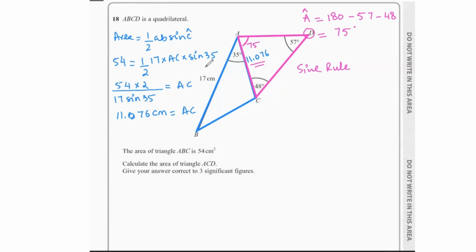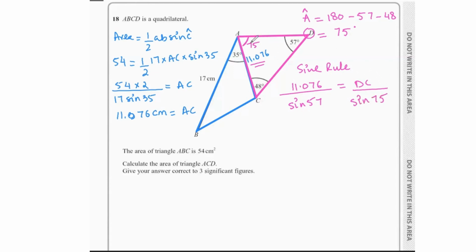I'm going to use the length of DC in this case. You can use AD as well. It's up to you. Both ways you'll get the right answer. So for DC, my sine rule equation is going to be 11.076 divided by sine of 57 equals DC over sine of 75.